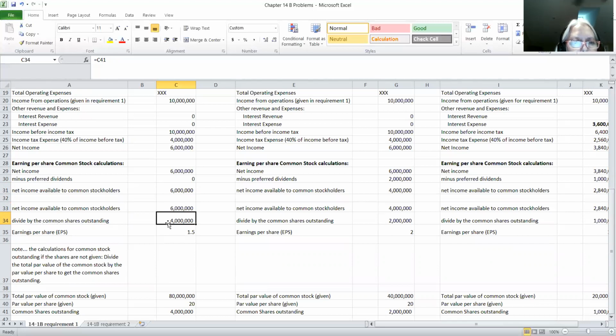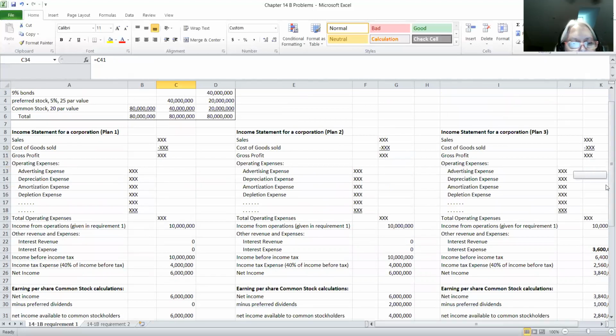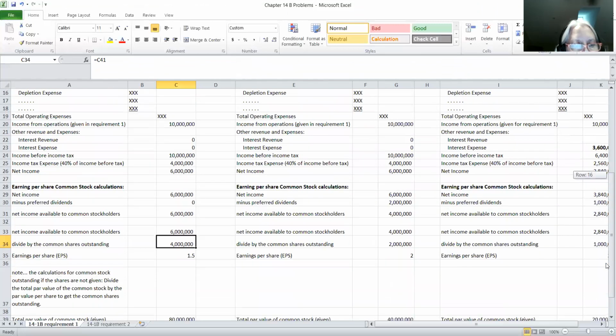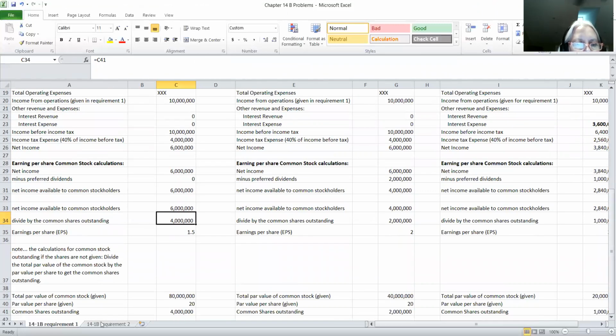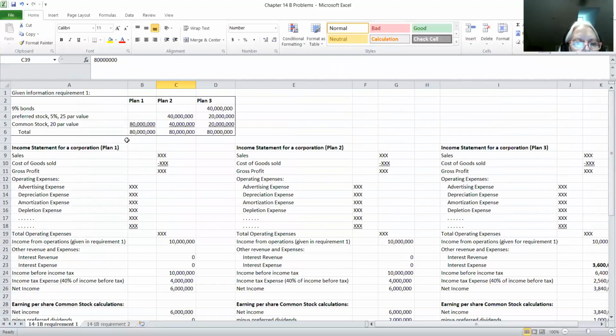Let me show you how we calculated that. So if I scroll on down, I've calculated the common shares outstanding by the information that is at the bottom of the page. The total par value of the common stock was given in this transaction.